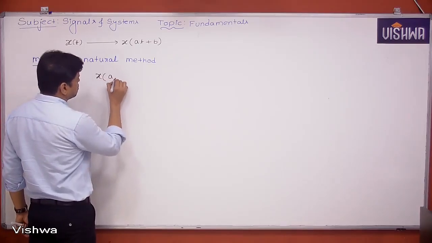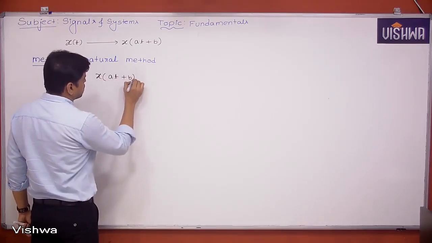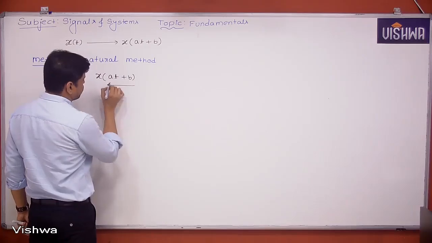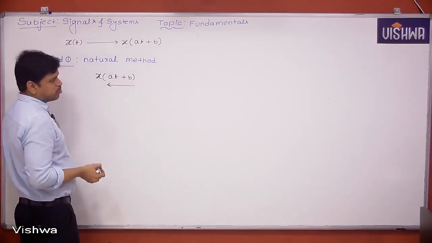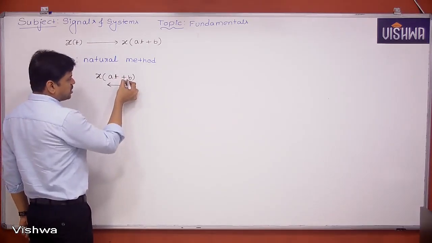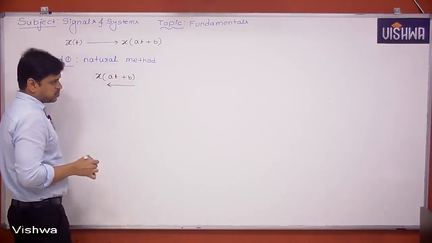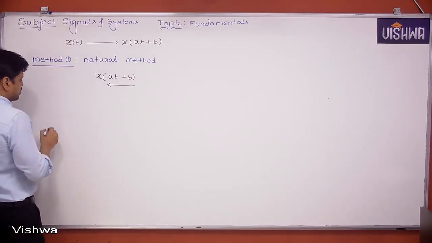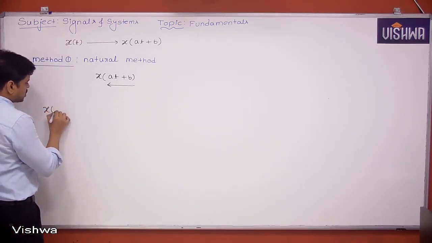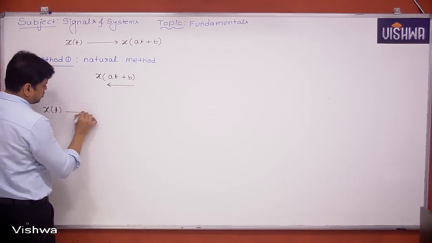X of at plus b. So in this direction we will move. That means first we do the shifting, then we do the scaling. Listen here, you can understand. First we know the original signal x of t.